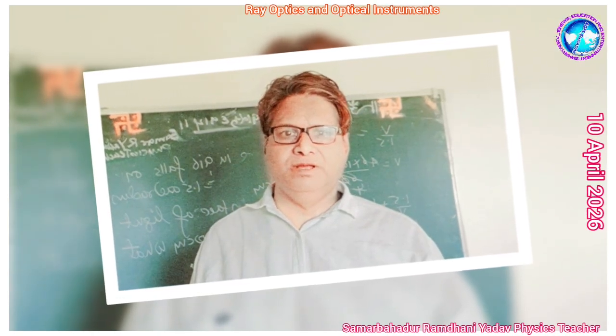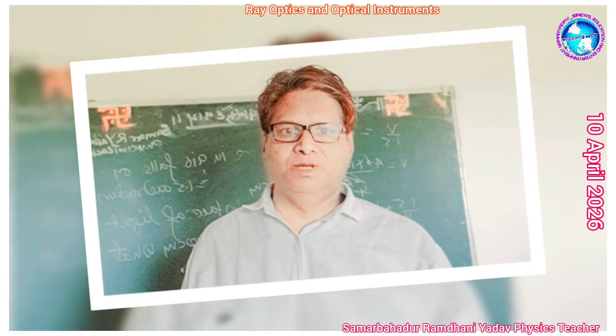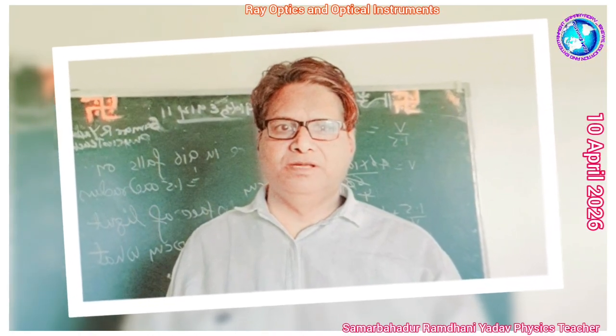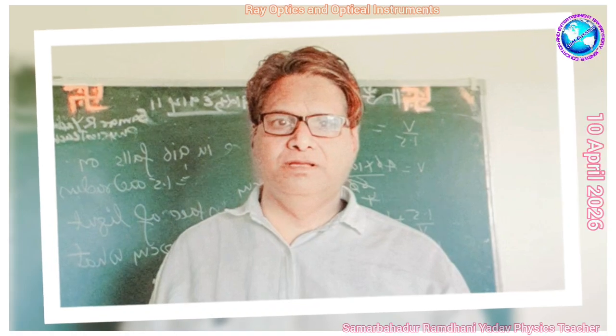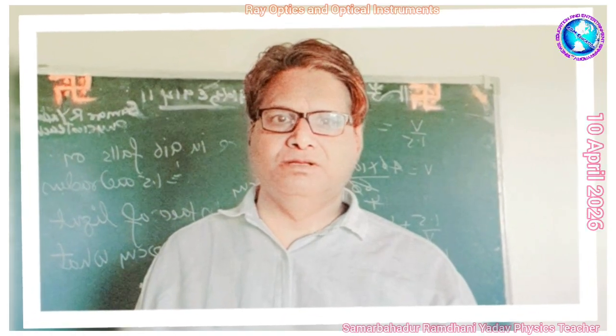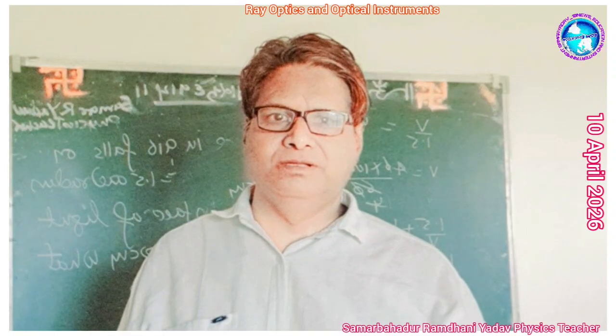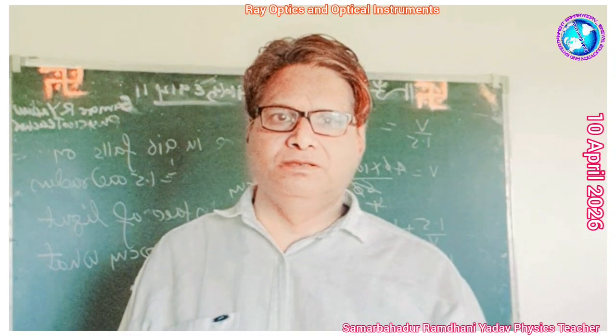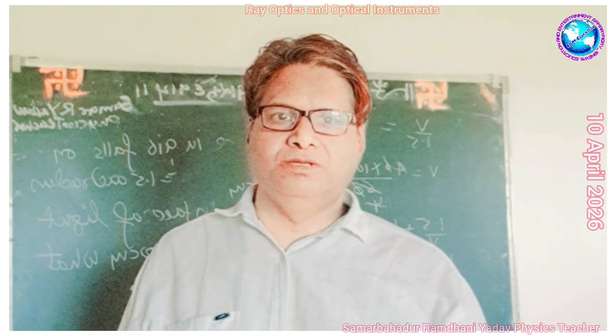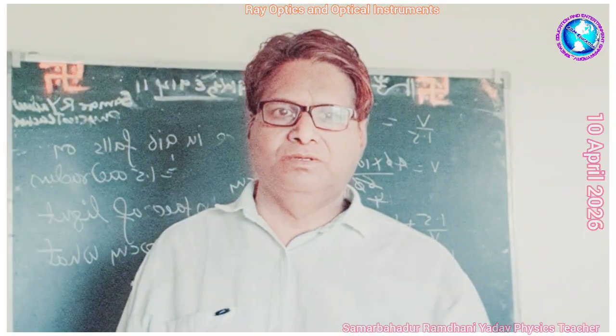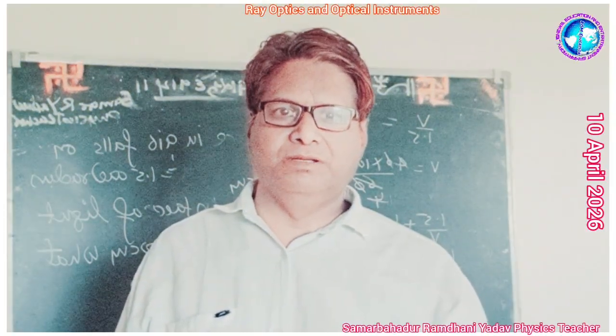Simplifying, finally we get v is equal to plus 100 centimeter. Plus indicates that the distance is taken in the direction of the ray, and the image is formed at 100 centimeter on the principal axis. So this is the way to understand this numerical. Thank you very much.